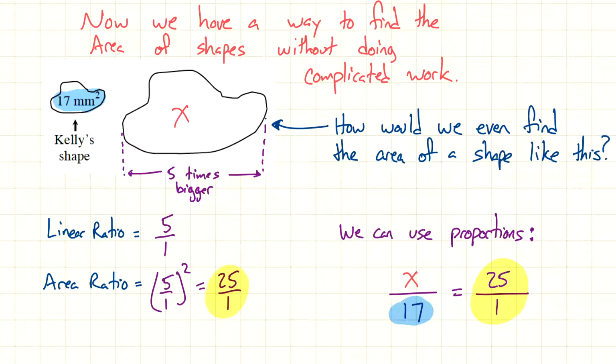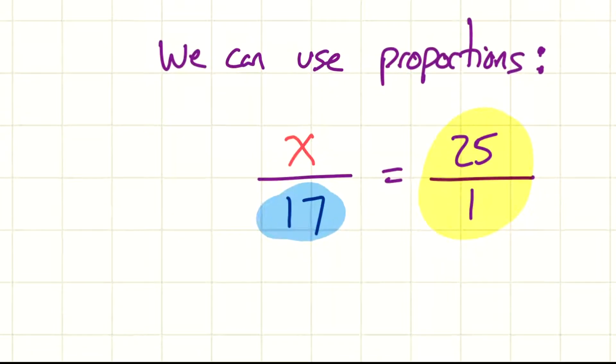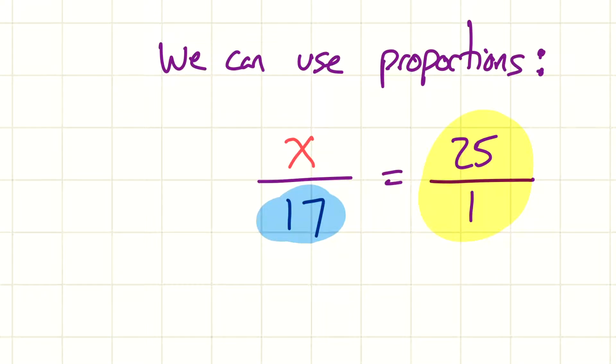Now all we have to do is calculate this. If we multiply that out, you should end up with x equals 17 times 25, and that is something we could type into a calculator.